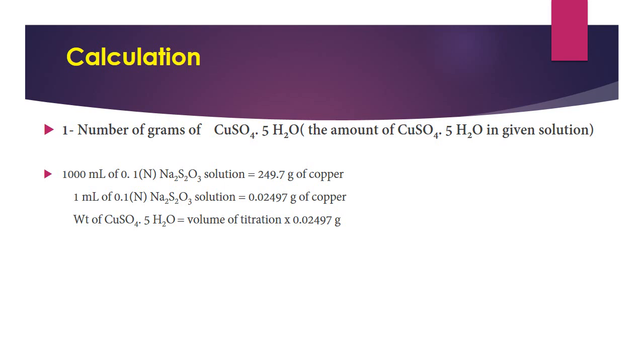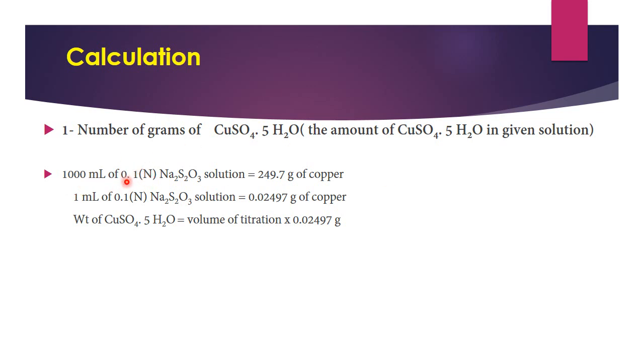In the calculations to find the amount of copper sulfate by titrating against sodium thiosulfate, we have two parts. In the first part, I find the weight of copper sulfate in the given solution.